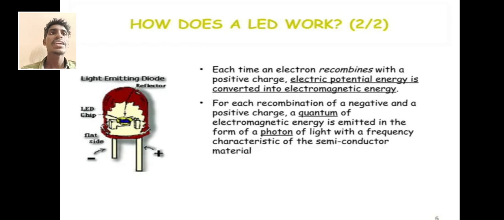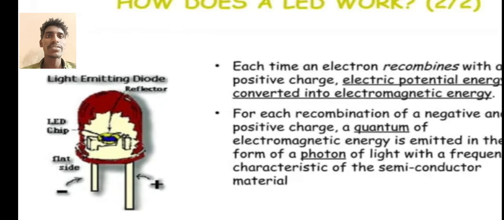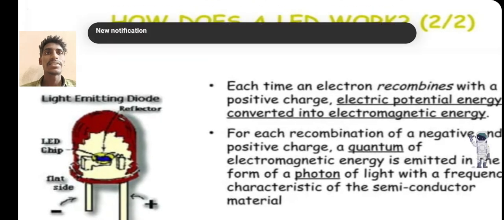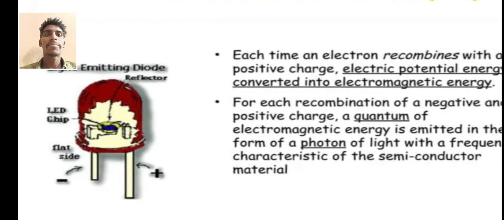This is the way the LED works. Here you can see the chip of the LED, the reflector, and the positive terminal and negative terminal, which are the p type and n type regions.